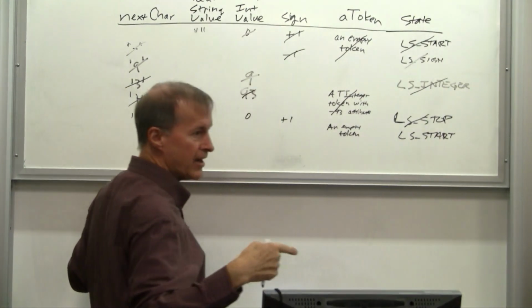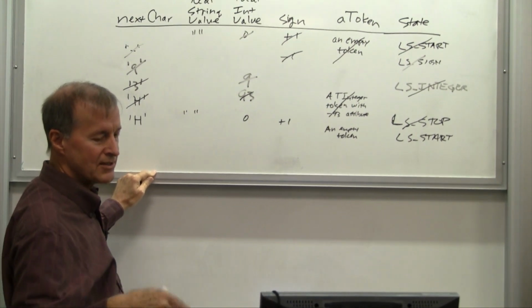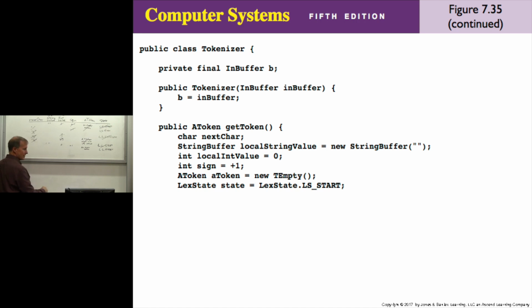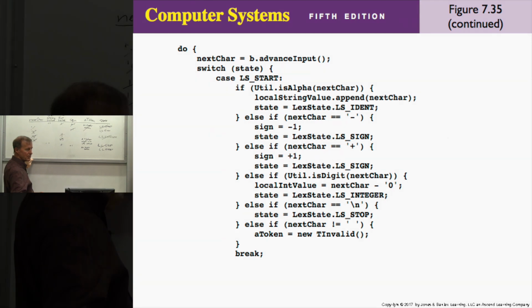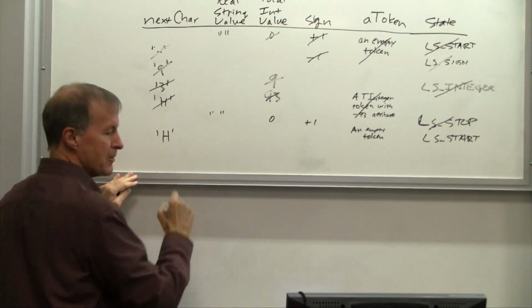Actually, now we're going to see how the identifier gets created. These all get initialized to nothing. Next char got initialized to nothing at that point. When we enter the do loop the first time and we do b.advanceInput, that's when this gets H. Is everybody with me on that?